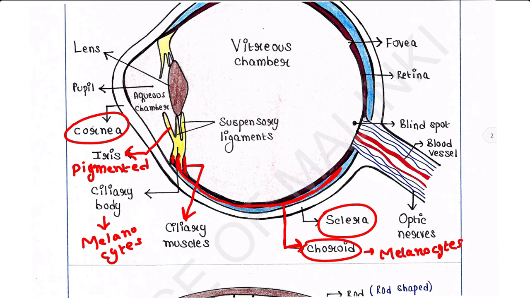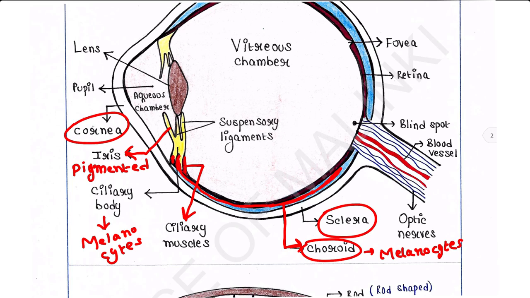It contains melanin and the amount of melanin in the iris determines the eye color. The eyes appear brown to black when the iris contains a large amount of melanin. The eye looks blue when its melanin concentration is very low, and it looks green when its melanin concentration is moderate.